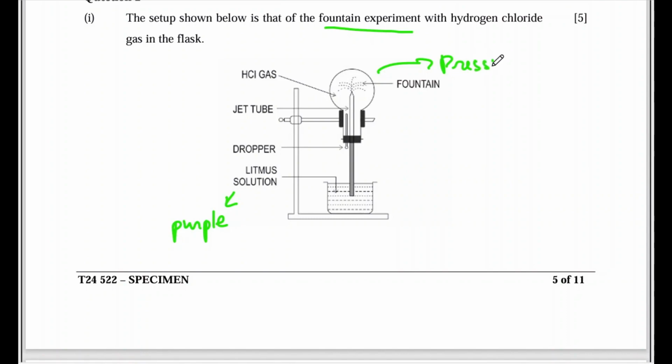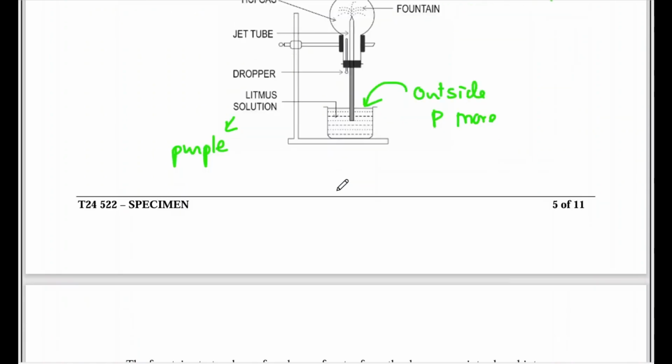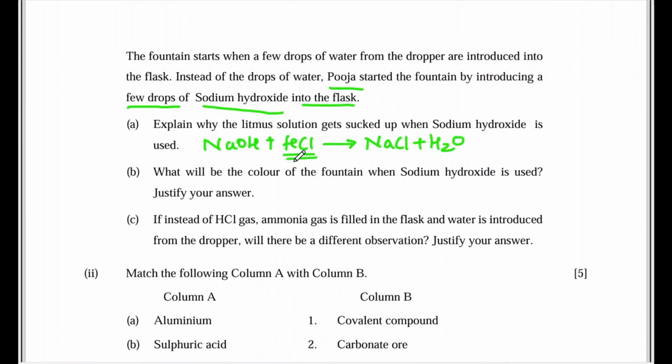Pressure drops. So once the pressure drops, outside pressure will be more. It will force the litmus solution to enter into the jet tube and you will observe the fountain. So that should be your reason why the litmus solution gets sucked up.